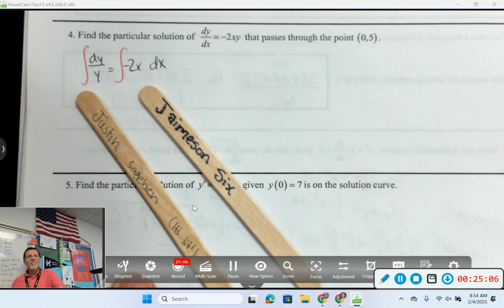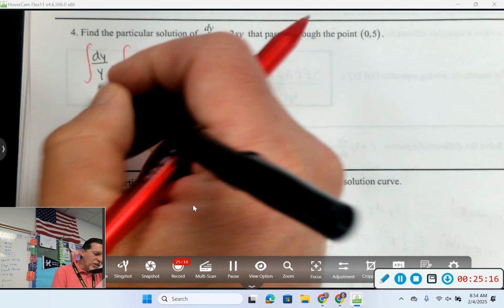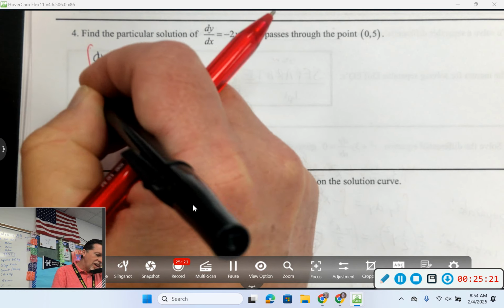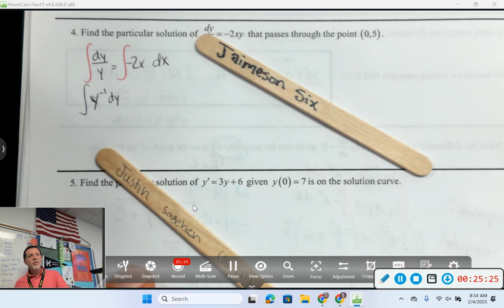Justin, do you remember the antiderivative of dy over y? Is it y to negative y squared over 2? Okay, so you're thinking about power rule. If you use the power rule, you increase the power by 1.